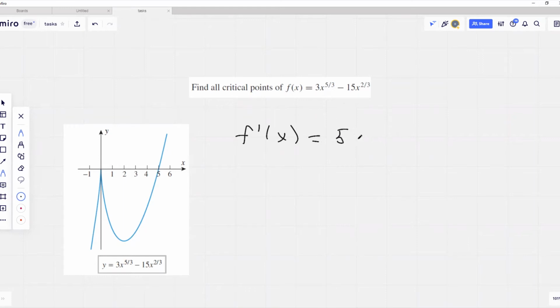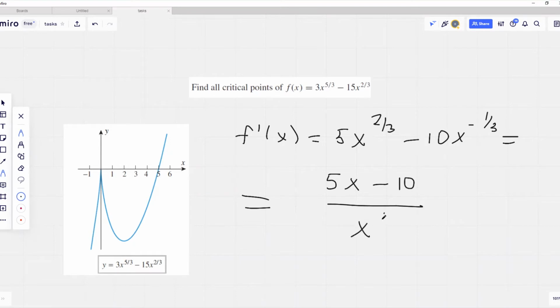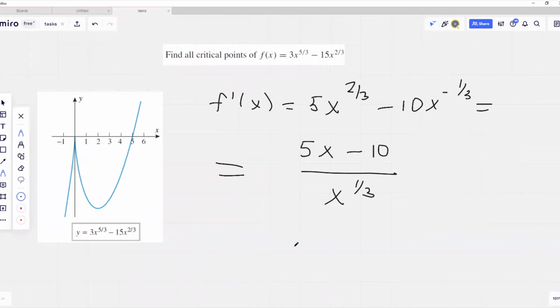So this is 5x to the power of 2 over 3 minus 10x to the power of minus 1 over 3. And now bringing that to a common denominator, we'll have 5x minus 10 over x to the power of 1 over 3. So we see that x is equal to 2 is a stationary point.